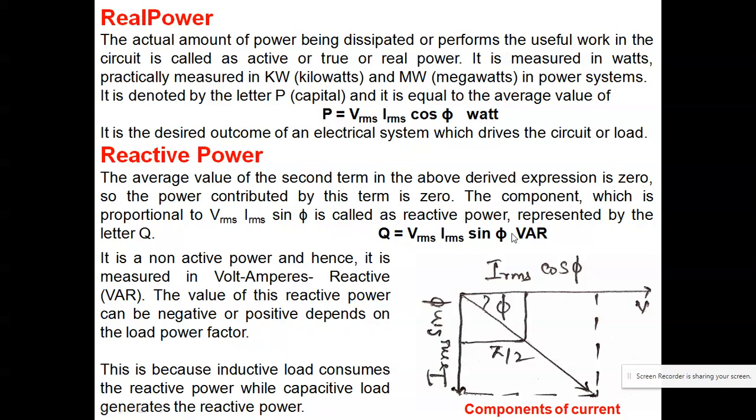It is the non-active power, and it is not measured in watts but in volt ampere reactive, so that's why we write VAR. The value of reactive power may be negative or positive, depending on the load power factor.